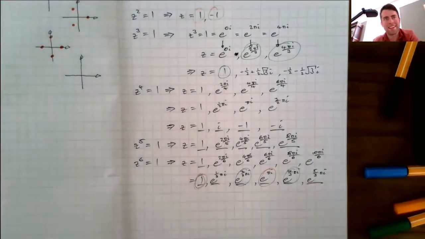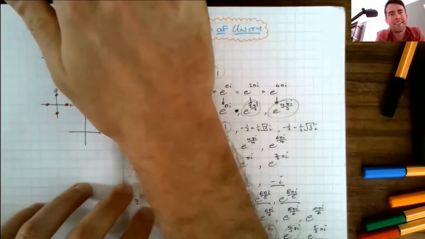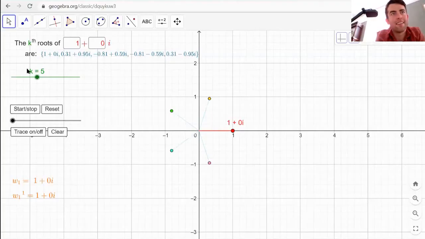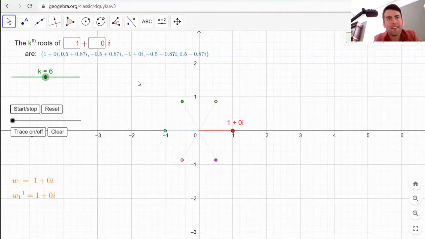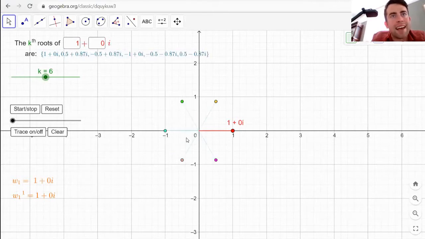These other ones, where do they slot in? Well, thinking about that hexagon that we'd get, the 3rd roots of unity are there, and there. So just focusing on these complex ones, they are there and there.